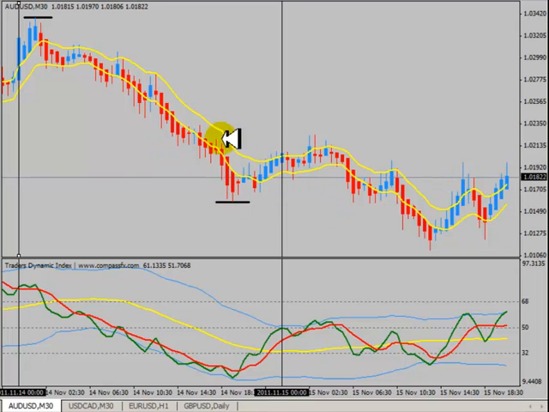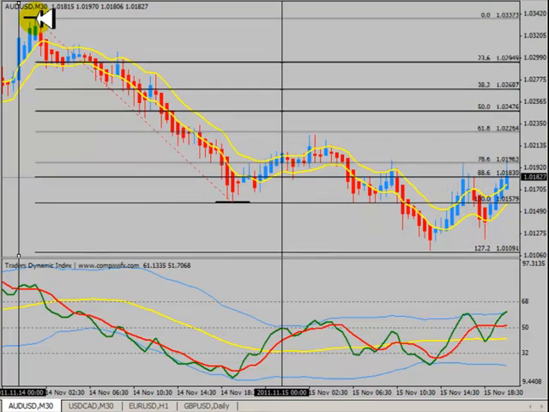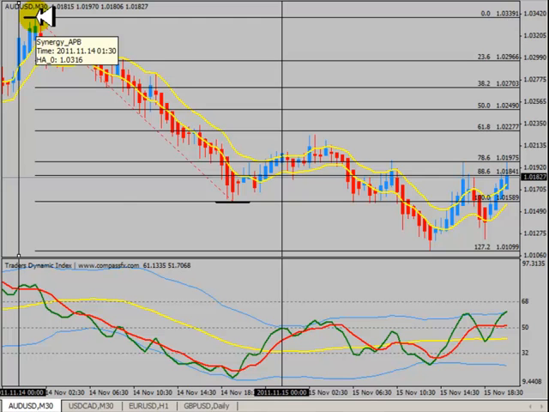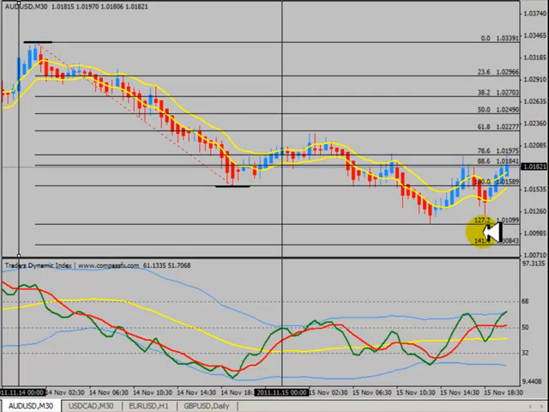Now going into the 15th here, we're not sure what the market's going to do right at this point, but we can potentially project using the Fibonacci retracement tool and looking for potential extensions. So if I take the Fibonacci retracement tool and I simply run from the bottom up to the top here, I've already placed a couple of extensions into my Fibonacci retracement tool, the 127.2 and the 141.4.